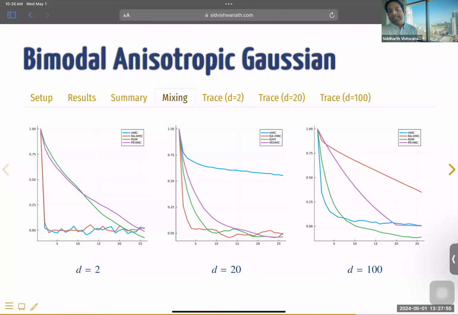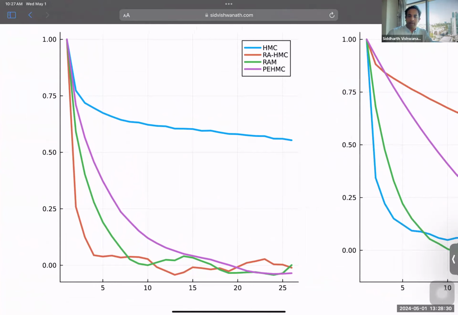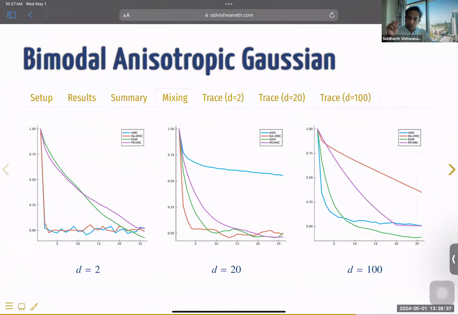So the ACF plots that you see over here show that, usually, especially for samplers that are jumping between modes, the ACF plots aren't particularly informative because they suggest that your Markov chain is particularly sticky, right? But even in 20 dimensions, you see that the repelling-attracting HMC has a noticeably steeper drop off in the ACF function compared to the other methods, showing that the mode hopping behavior is also happening particularly fast.